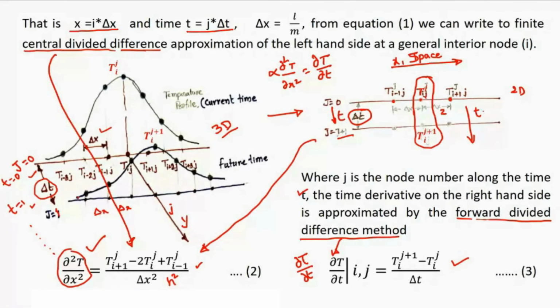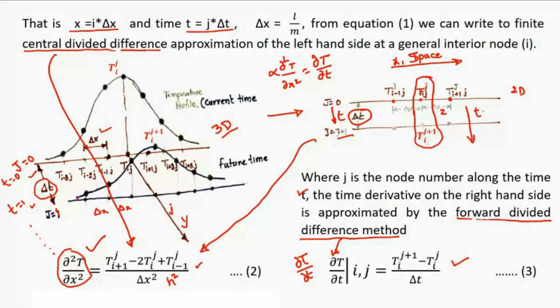This is the relationship used for computing the temperature at the new location, where lambda is alpha into delta T by delta x square.